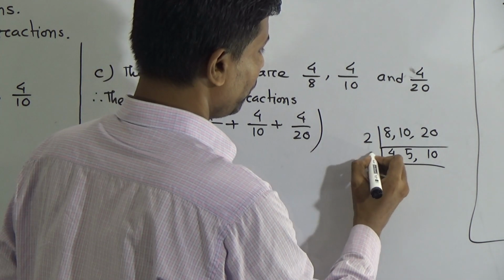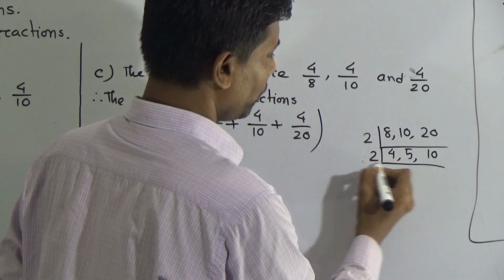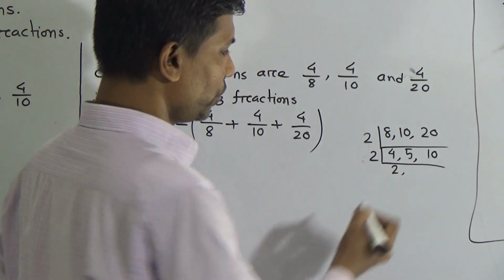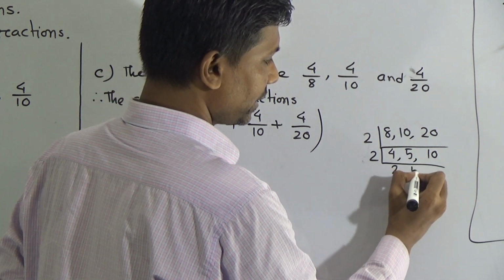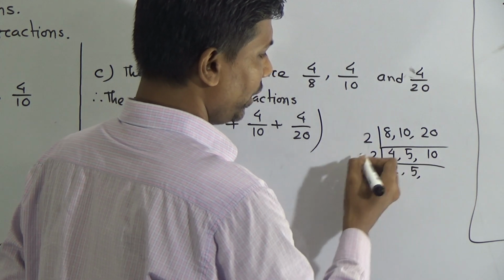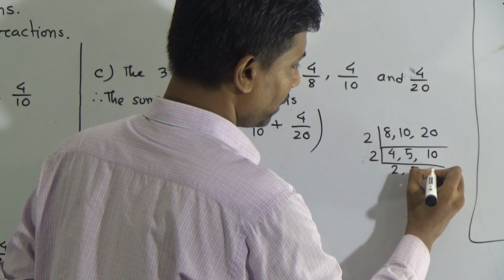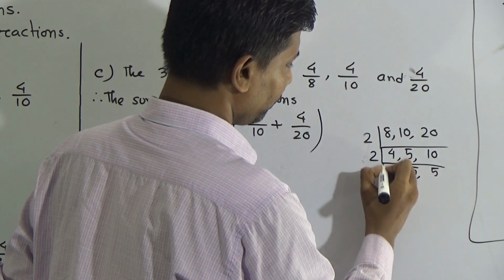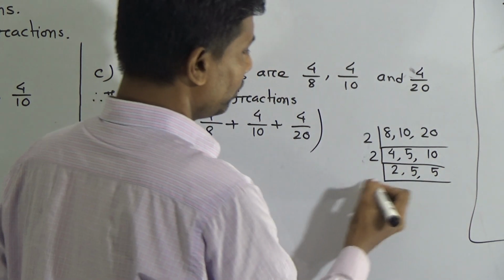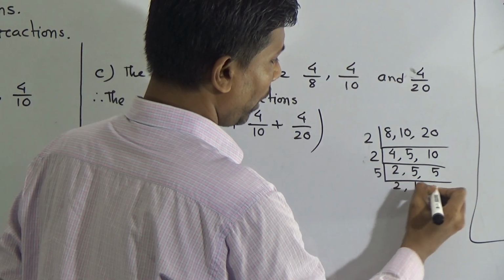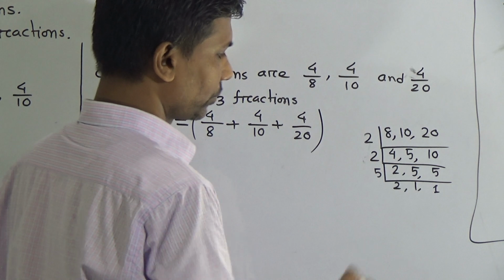So write here 2, then divide 4 by 2, then 2. 5 is not divisible by 2, so 5 is remaining same. Divide 10 by 2, then you get 5. Now 5, 2, 1, 1.